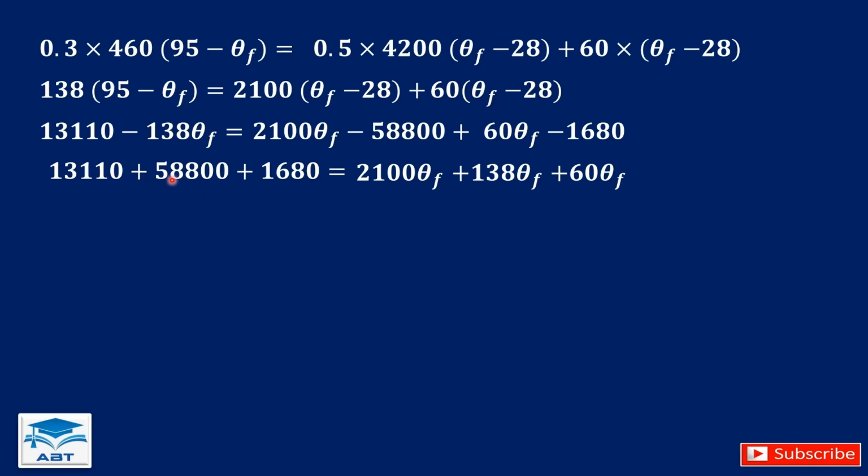We add all these numbers and we have 73590, and here 2100 plus 138 plus 60 will also give us 2298 theta f. So we divide through by 2298.